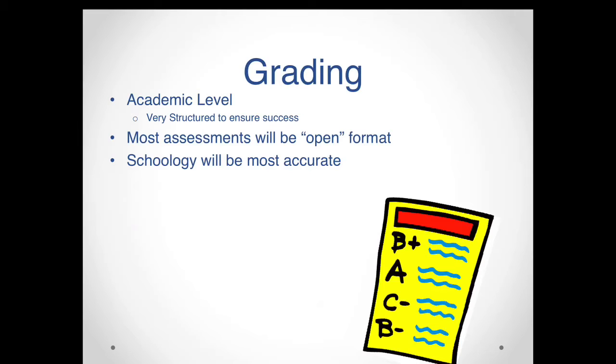I try to keep that as up to date as possible and do it every time I enter grades. But sometimes things get bogged down either on the technology end of things or sometimes I just quite frankly forget. So if you're seeing two different grades and you're wondering why, it's the sync issue, that's probably why. But the Schoology grade will typically be the most accurate. But like I said, I try to keep them all together.